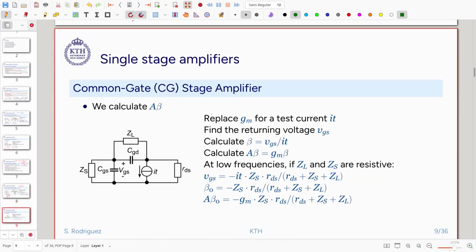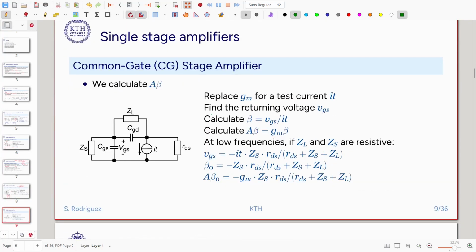So we do this calculation here. After we remove the source and we place the test current, we have the following circuit.